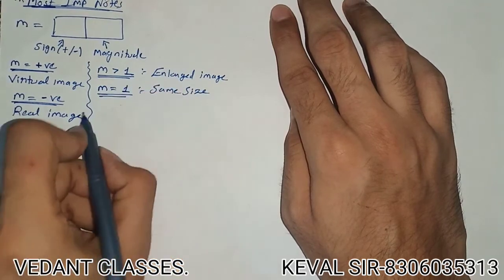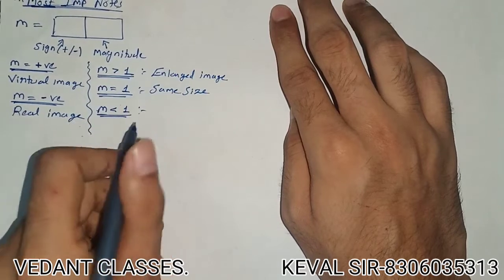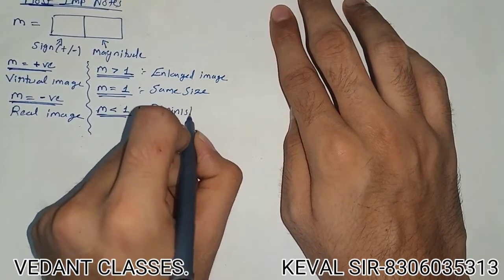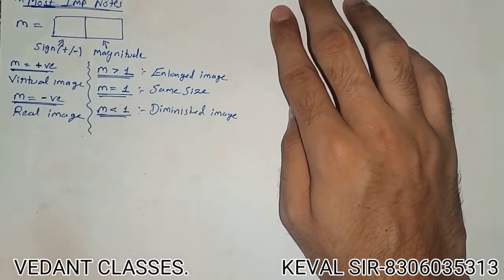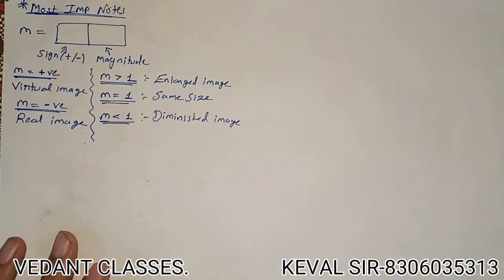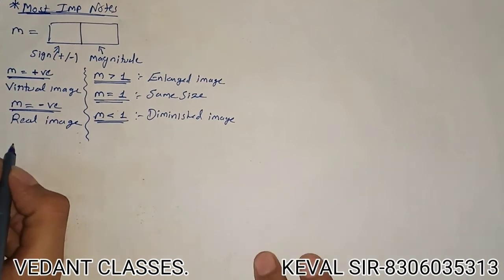If the value of magnification is less than 1, then it will form a diminished image. So these are the most important key points. You should remember them, it will be very helpful for you to solve the short questions. Okay, so now let's see the important notes for the mirrors.